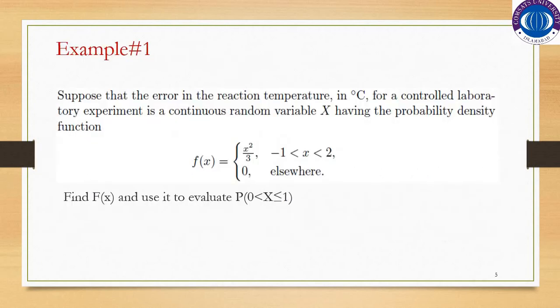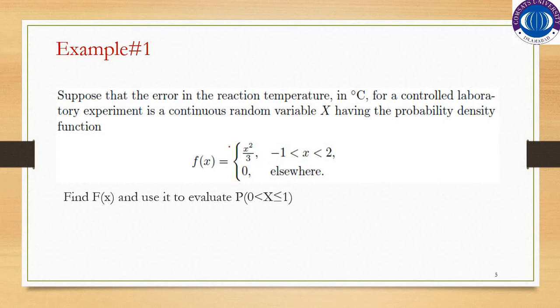Example 1. Suppose that the error in the reaction temperature in centigrade for a controlled laboratory experiment is a continuous random variable X having the probability density function f of x is equal to x squared by 3, defined on the limit minus 1 less than x less than 2, and 0 elsewhere. What is this function saying?